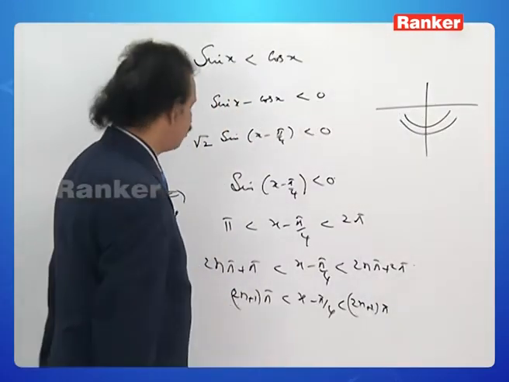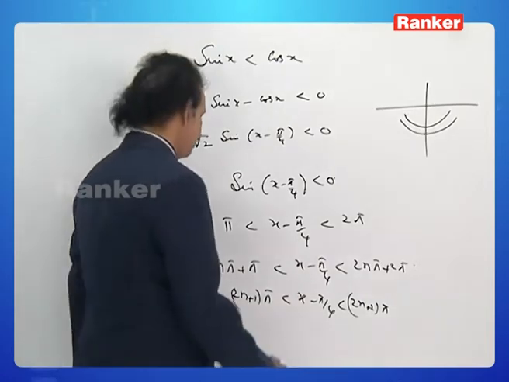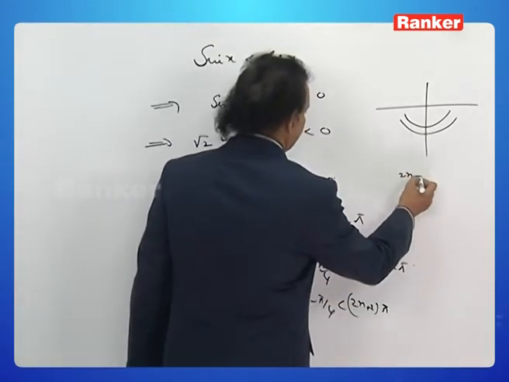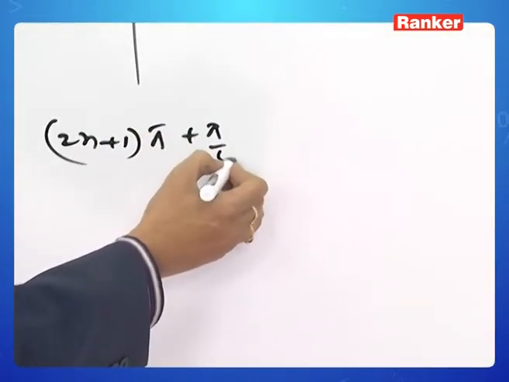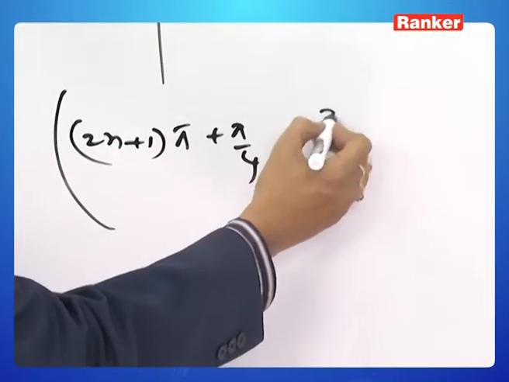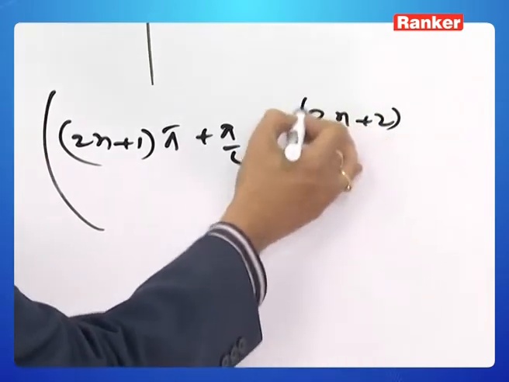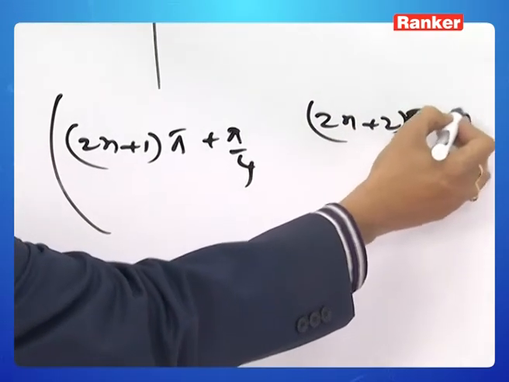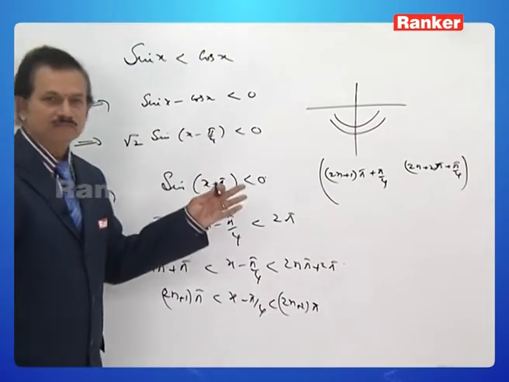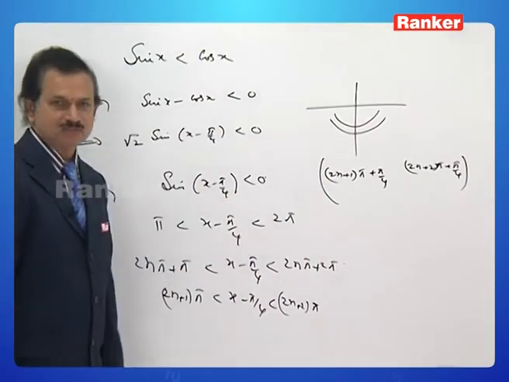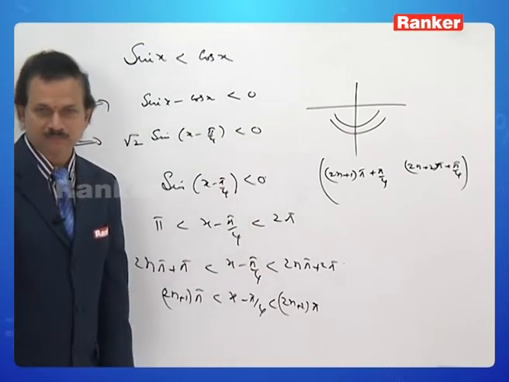You add pi by 4 on both the sides. What you will have is 2n plus 1 into pi plus pi by 4 to 2n plus 2 into pi plus pi by 4. This is the answer; you check all the given options, is it available or not?